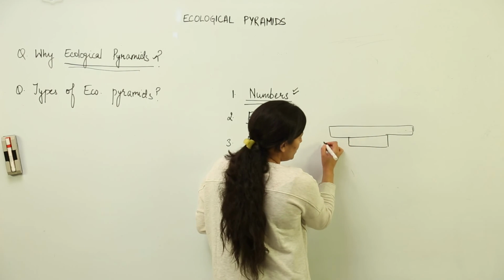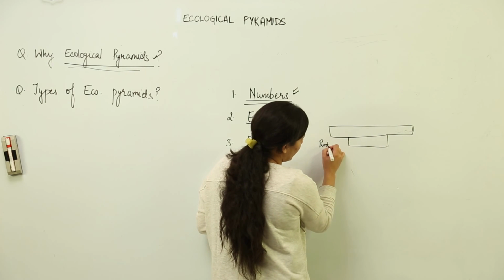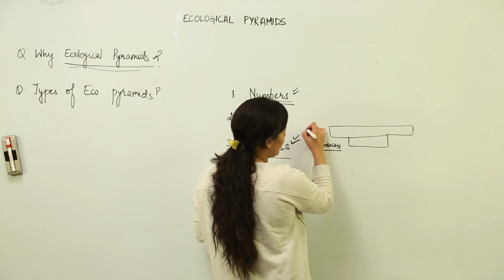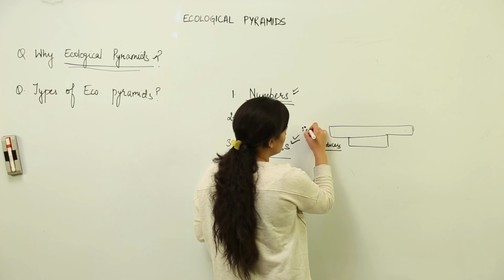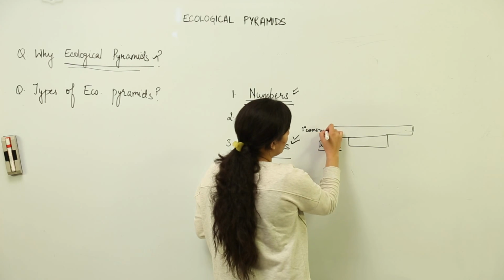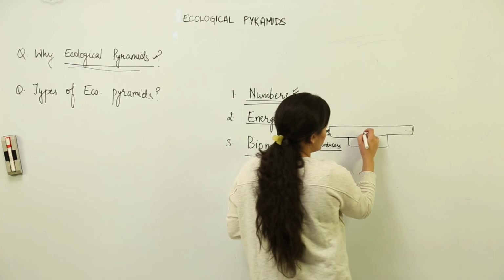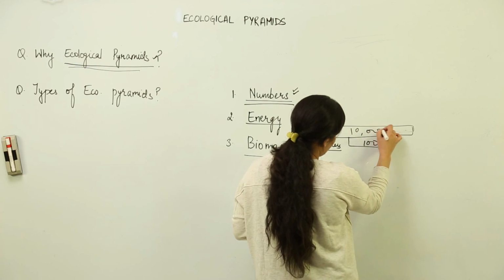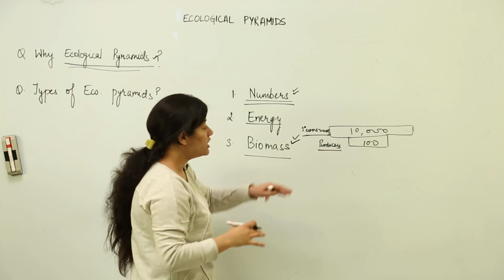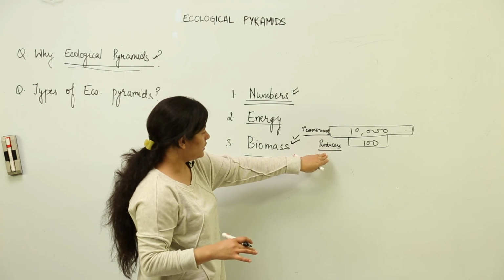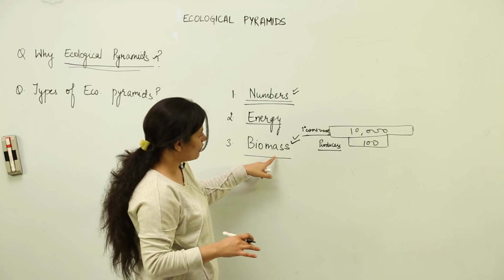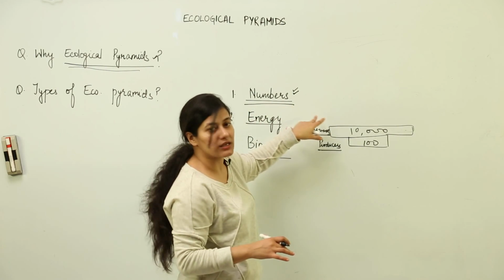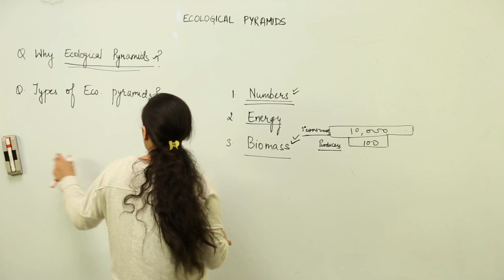So in a way, you get the producers occupying a smaller biomass unit as compared to the primary consumers, which are much larger in number. Suppose there are 100 producers, there are 10,000 consumers which are dependent on these. So this shows an inverted pyramid in case of biomass, in case of a pond ecosystem. Such is the case in the case of numbers, as we considered the banyan tree for an example.